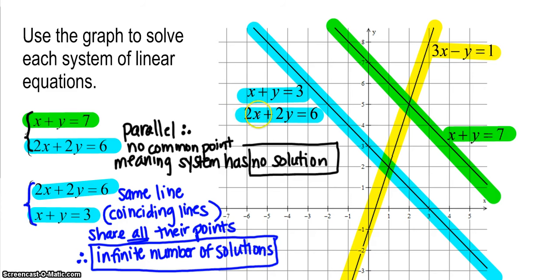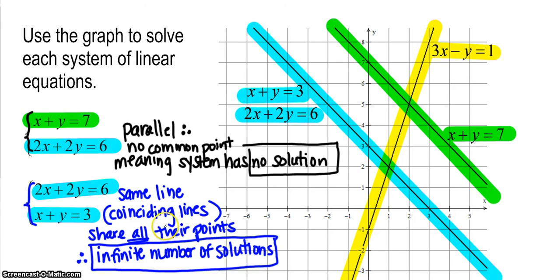So these two equations, x plus y equals 3 and 2x plus 2y equals 6, form the same line graphically. Therefore, the points they share would be all of their points, making the solution have an infinite number of solutions.